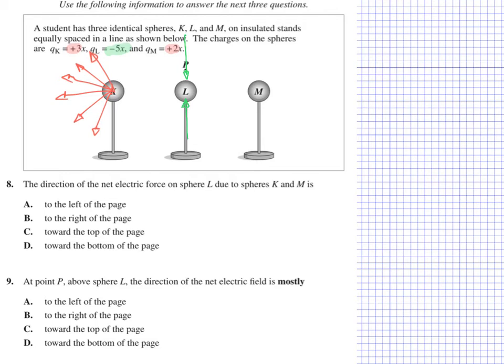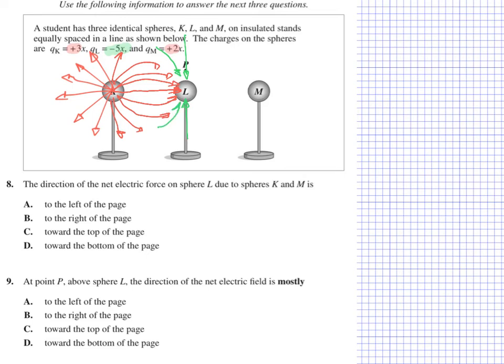And if this is next to a positive charge, you can see that this line's going to move away from K and towards L. So it's going to go directly from K to L. And so I can draw these lines kind of curving like so. They would come in like this. There we go. So I can finish them off coming in towards L. They're going to be sort of like this.